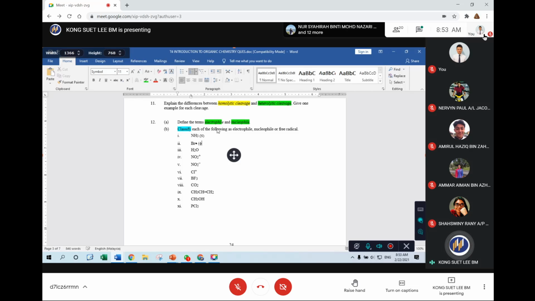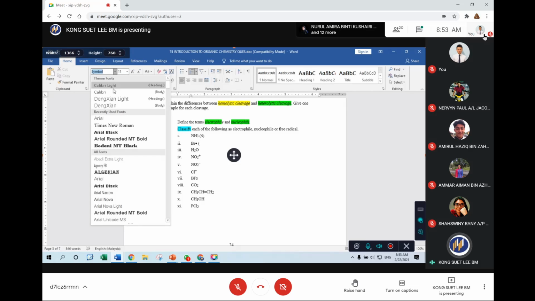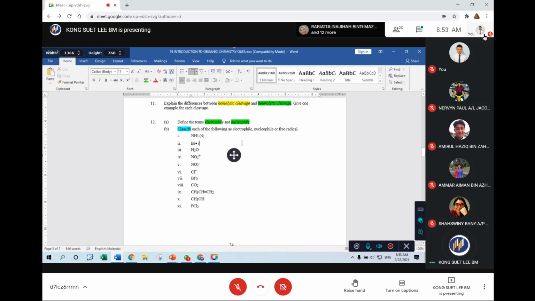H2O. Just now I did mention this one. Okay. H2O. There are two lone pair. So nucleophile or electrophile? Nucleophile. Yes, nucleophile. Positive charge. No need to think twice. What is it?